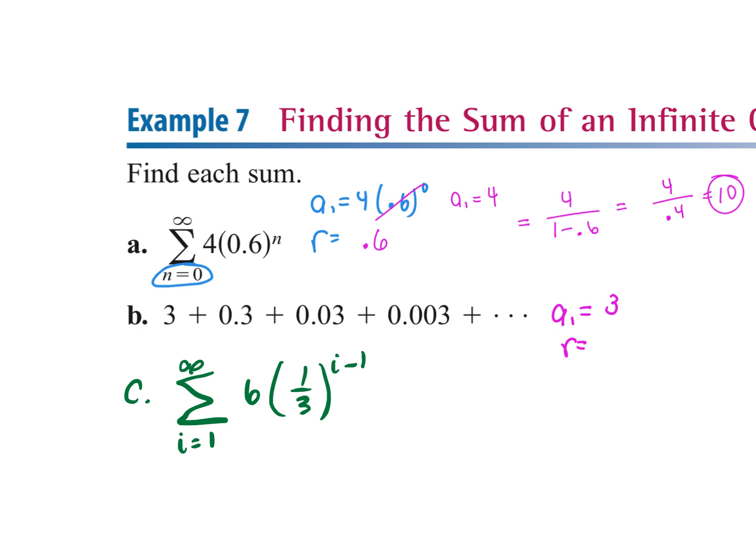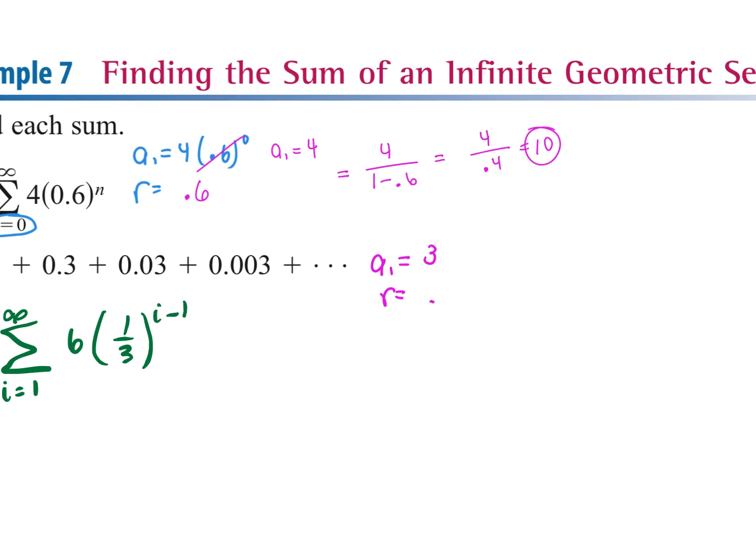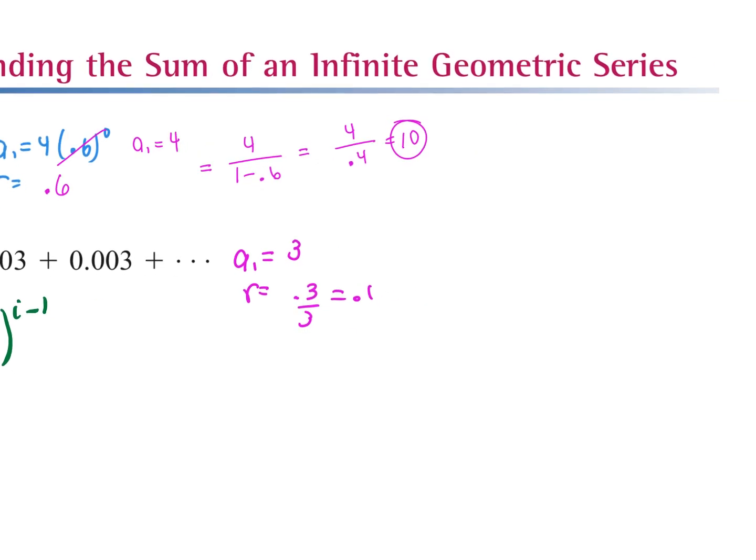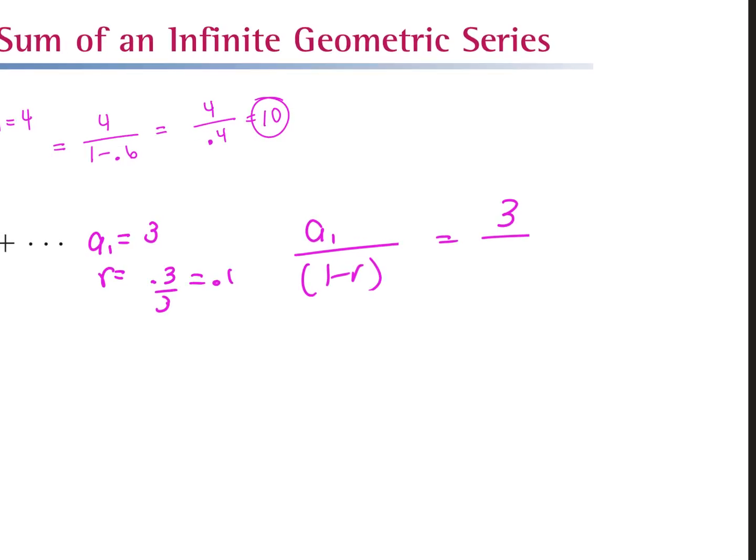What did we do yesterday? We took one term and divided by the one in front of it. So 0.3 divided by 3. Everybody with me? 0.3 divided by 3, and I get 0.1. So here, my formula is a sub 1 over 1 minus r. So my first term is 3 over 1 minus 0.1, right?